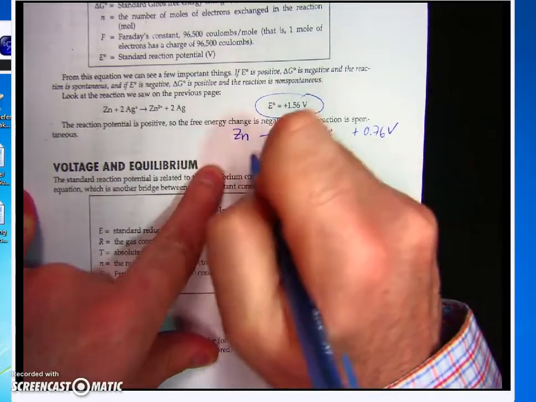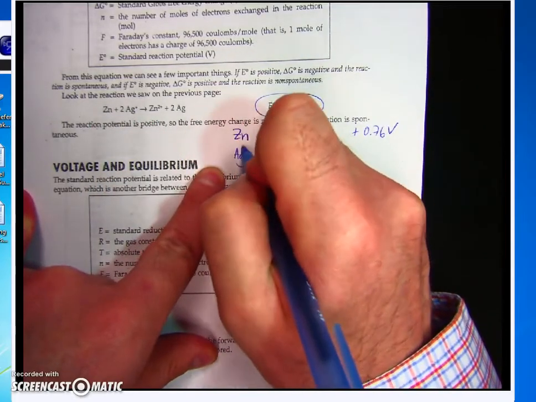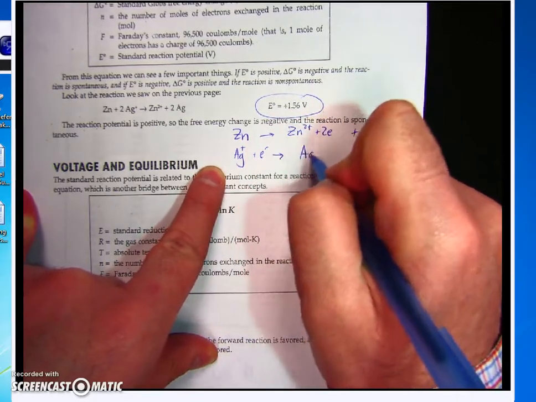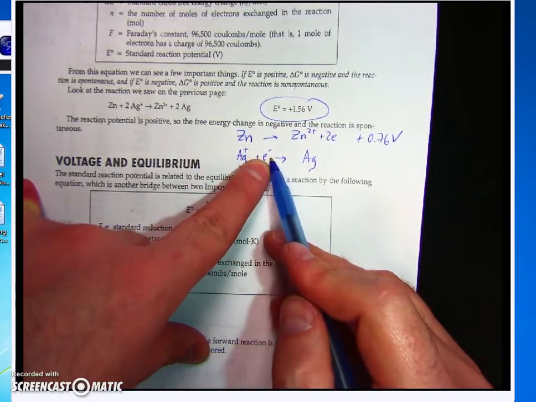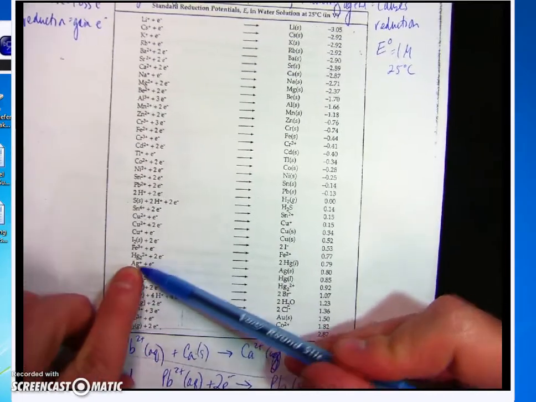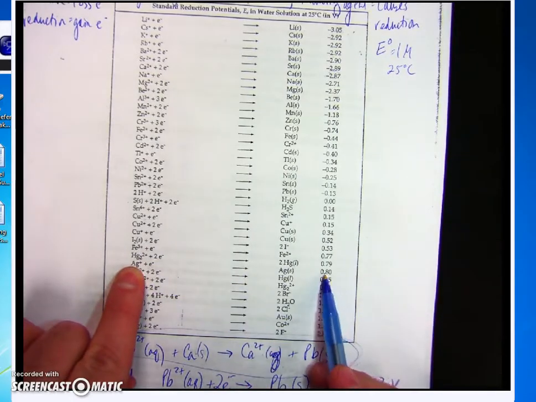The silver, on the other hand, is clearly gaining electrons because it's going from positive to neutral. One of the things I notice also is that the silver plus 1 electron gives us 0.80.